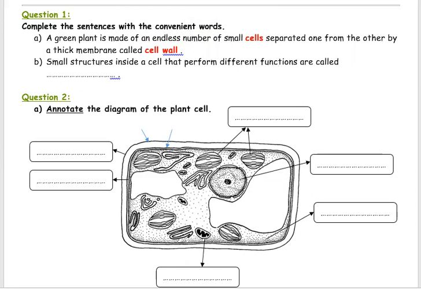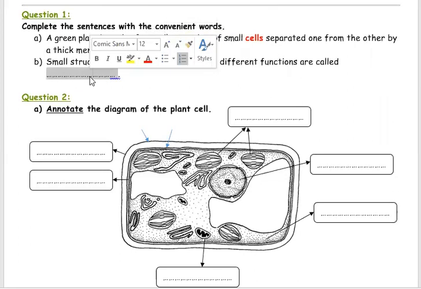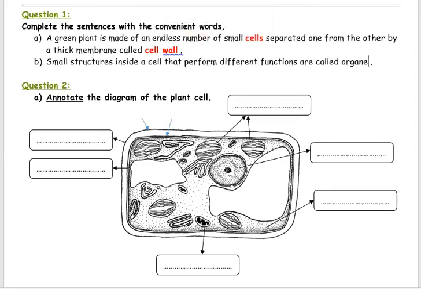We call them organelles. So an organelle is a machine. It is a small structure found inside plant cells, and these machines have different and important roles in the cell.